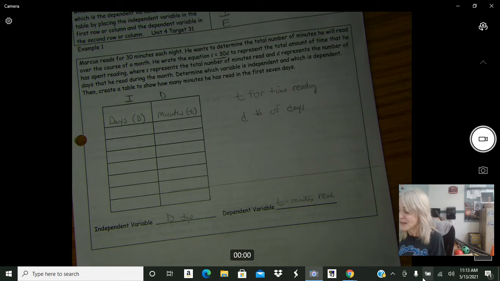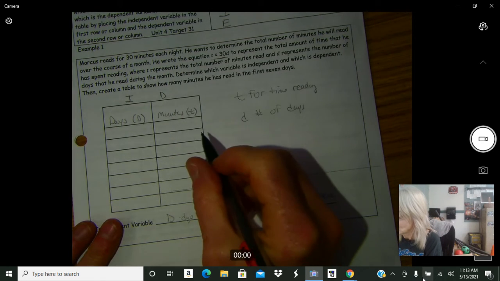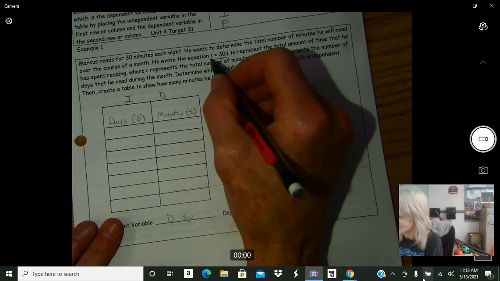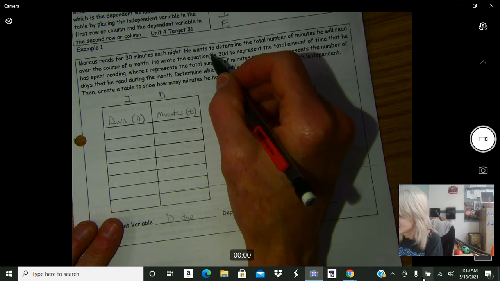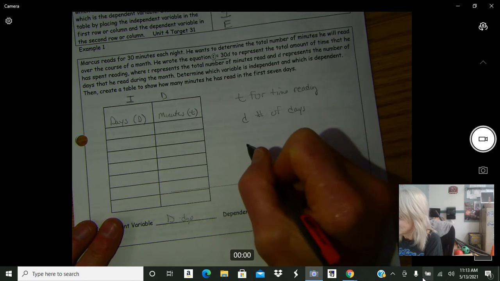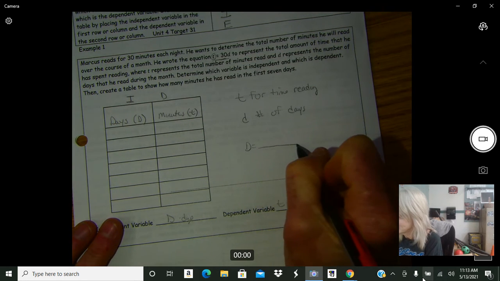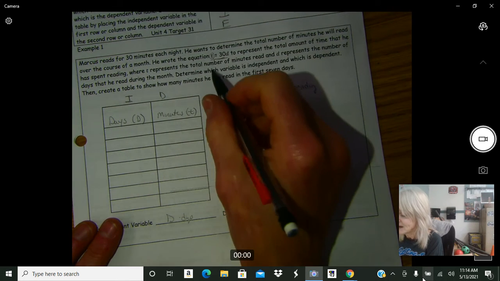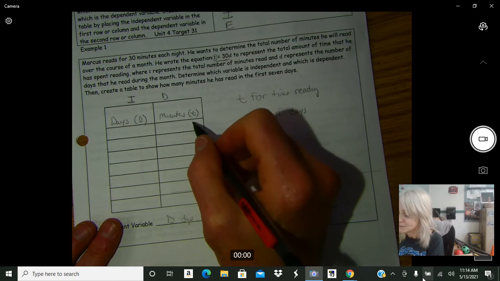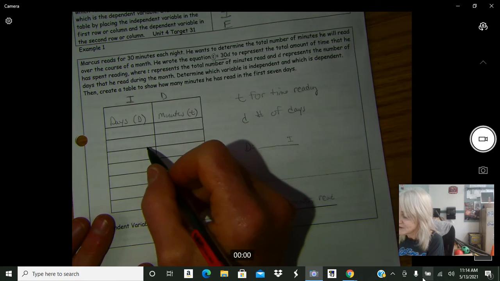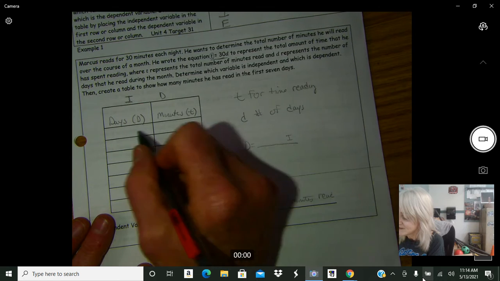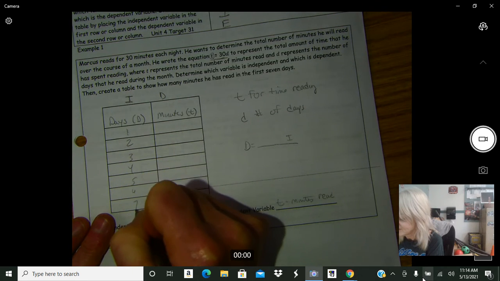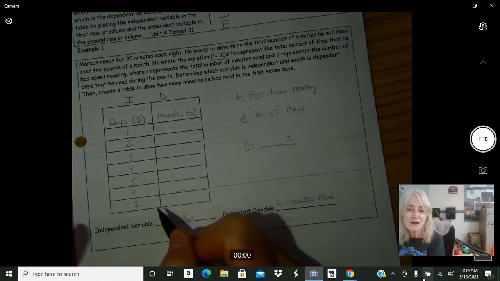Now, again, they've already given us the equation. The other thing, a little hint, is we usually set up an equation so that the dependent variable equals stuff you're doing to the independent variable. And that played out here too. Time was the dependent variable. So we understand in the first 7 days, so that would be 1, 2, 3, 4, 5, 6, 7, because those days occur no matter what.